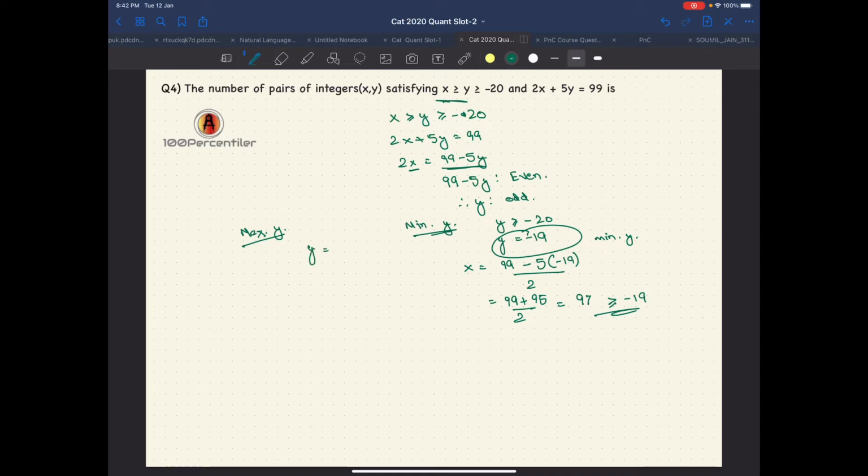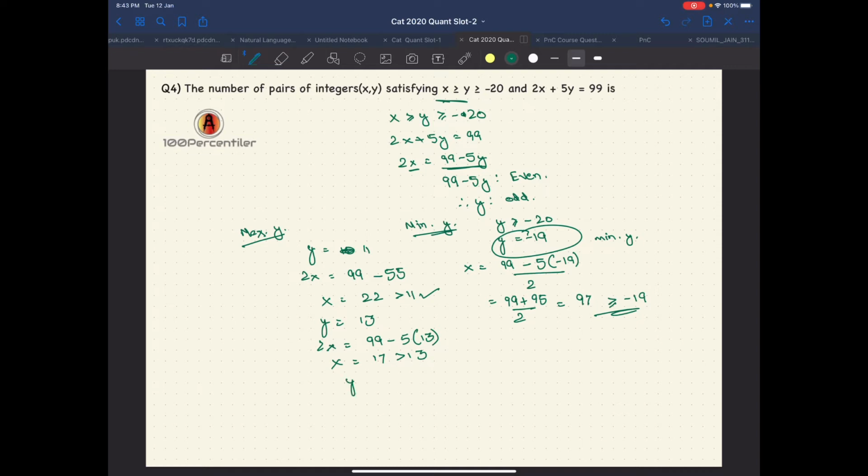Now let's look at y equal to 10. But y has to be odd, so let's look at 11. 2x is 99 minus 55. So x is nothing but 22 and it is greater than 11. So this is fine. Y equal to 13. So we are just using a hit and trial method here. 99 minus 5 into 13. Here x is equal to 99 minus 65, so x will come out to be 17, which is again greater than 13.